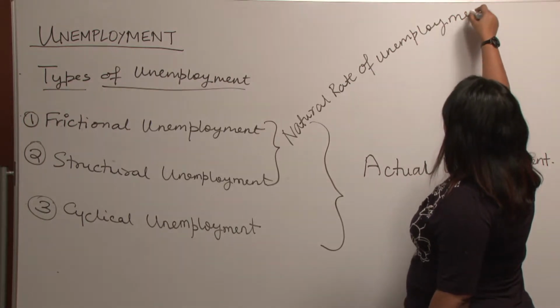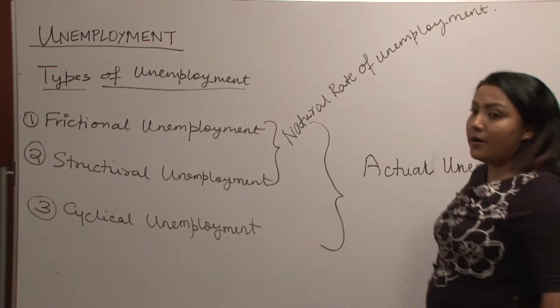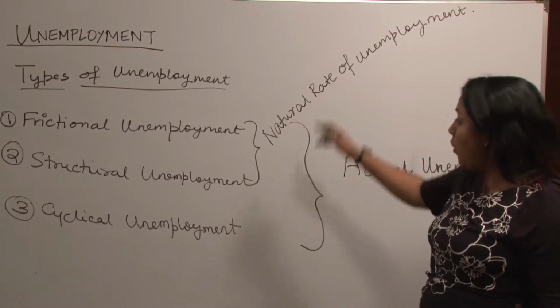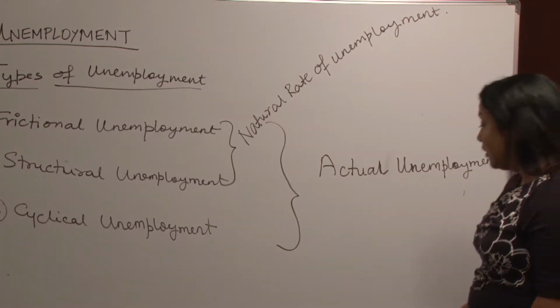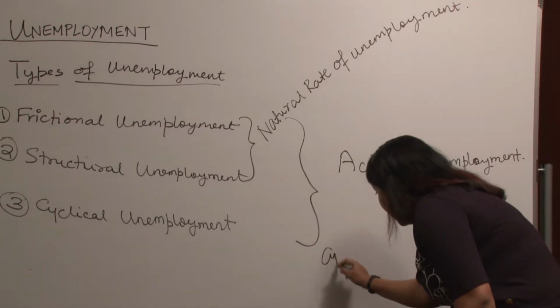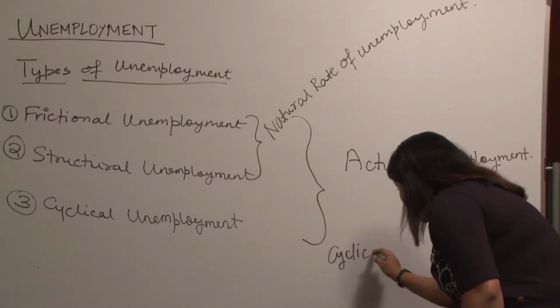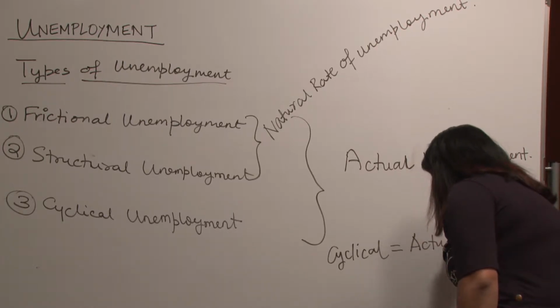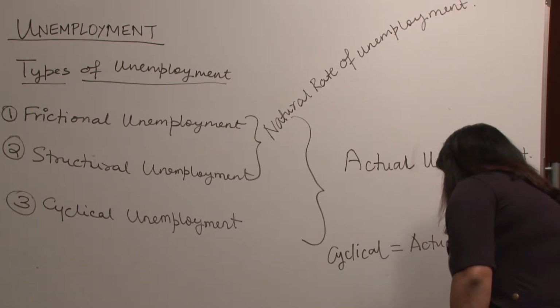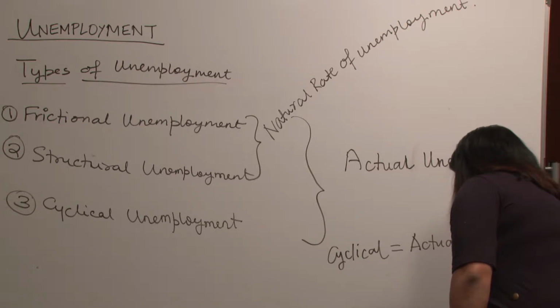So frictional and structural together are the natural rate of unemployment, and all three together are basically the actual rate of unemployment. So I could say that cyclical unemployment is nothing but the difference between the actual and natural rate of unemployment.